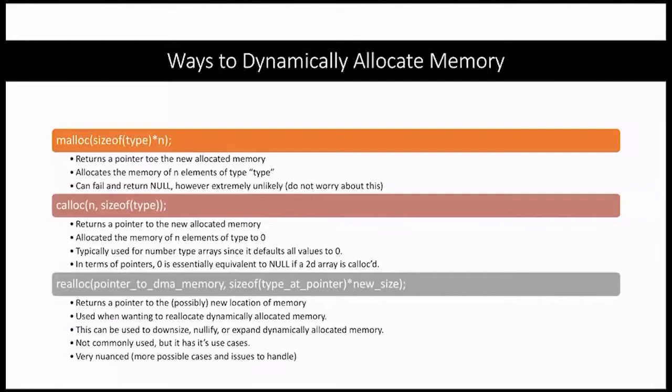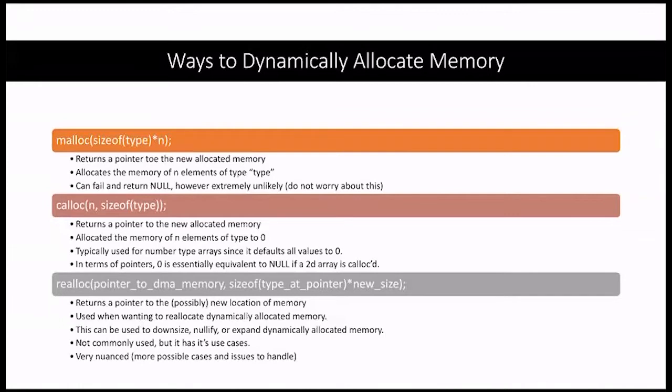So, ways to DMA. A lot of people tend to confuse the three different ways to DMA, but really it just comes down to three functions. We have malloc, where you give the size of whatever type you want to work with. So for example, if you wanted to make an array of integers, you would use sizeof int times n, and n is just whatever integer variable you want it to be sized to.